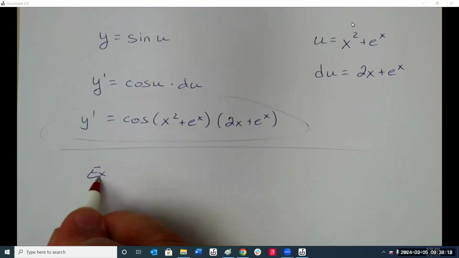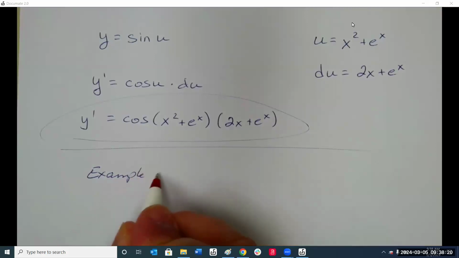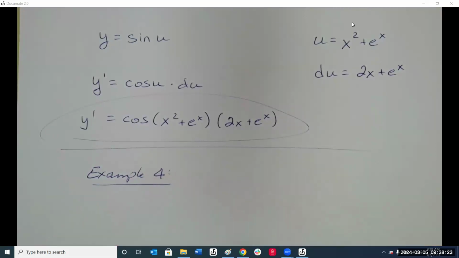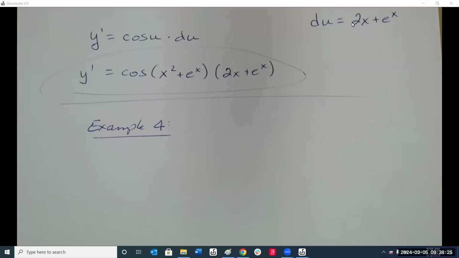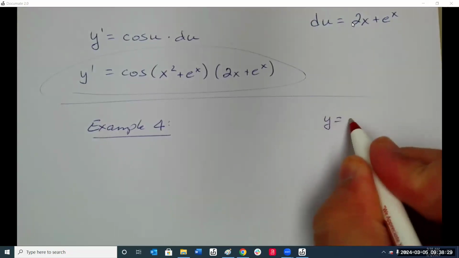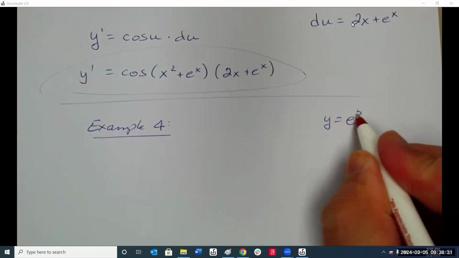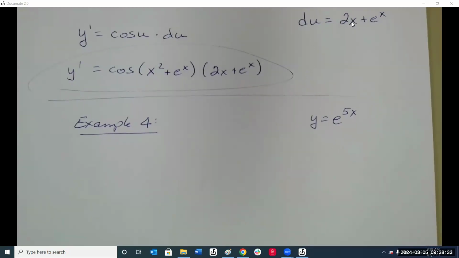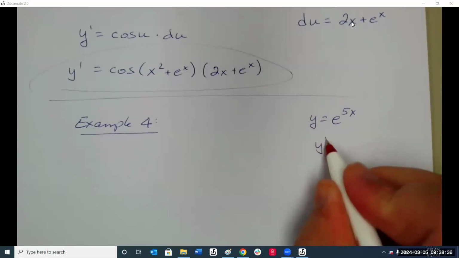Example 4. See, this is where it would help. Before we do that one, let's do a simpler one. If I had e to the 5x, what is y prime?